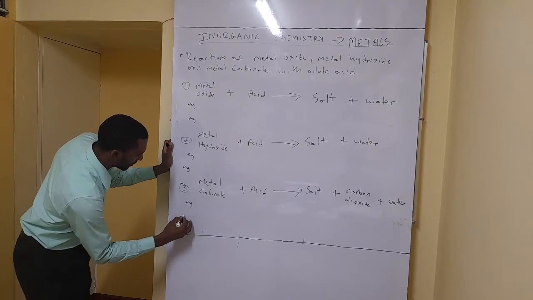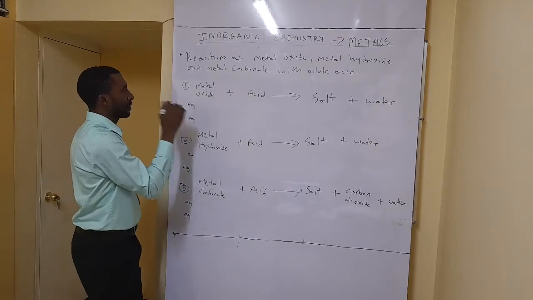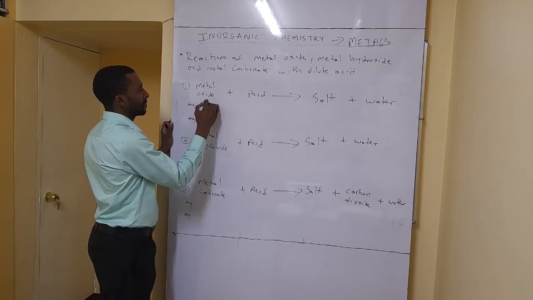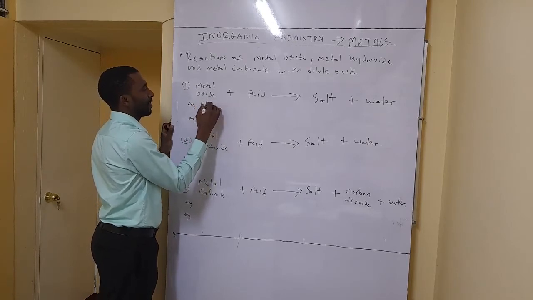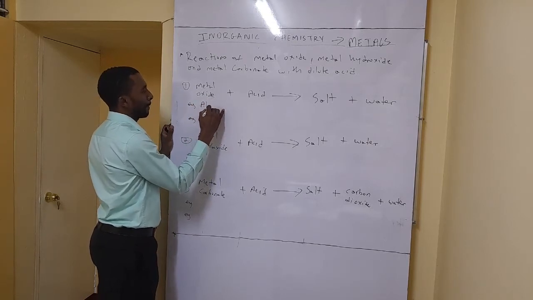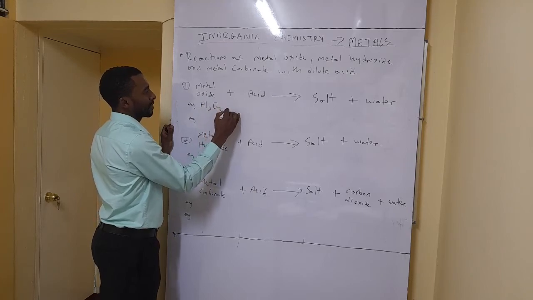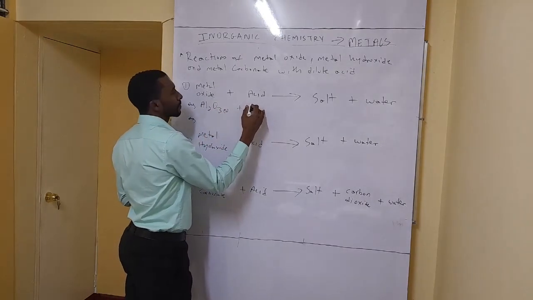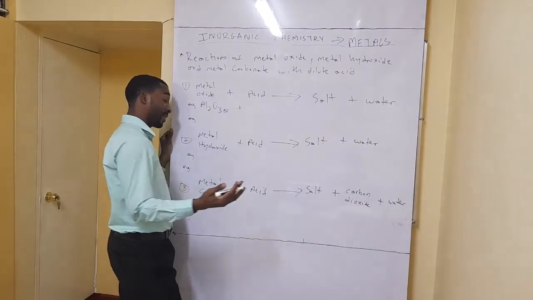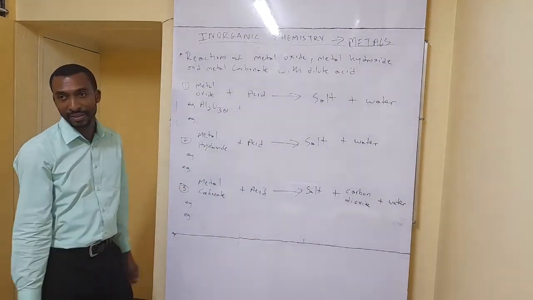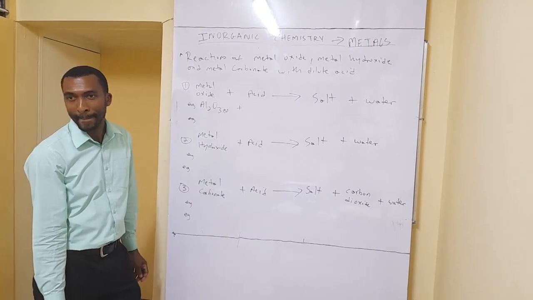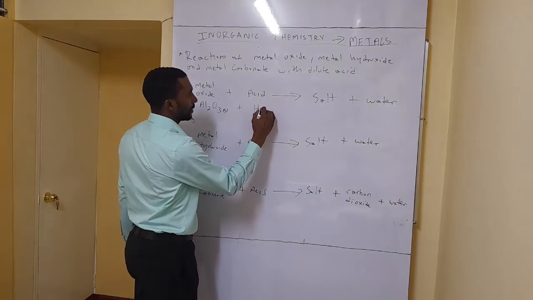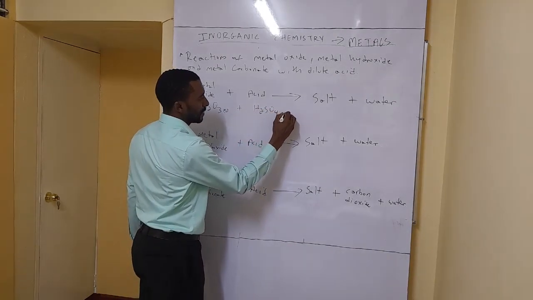Two examples I'm going to use for each of them. What's the formula for aluminum oxide? Al2O3, solid, plus which acid are we going to use? Sulfuric or phosphoric acid? Sulfuric, H2SO4.